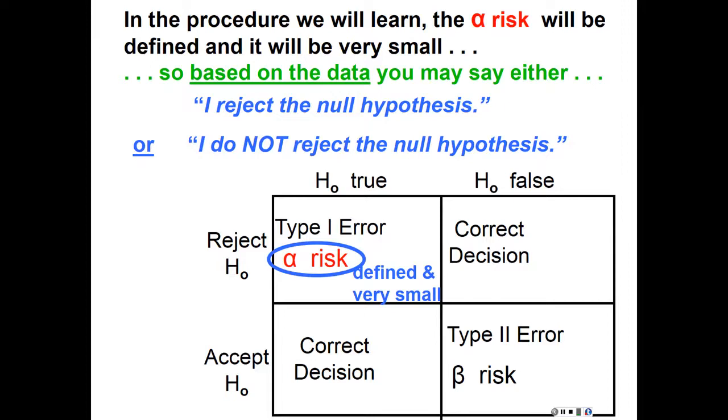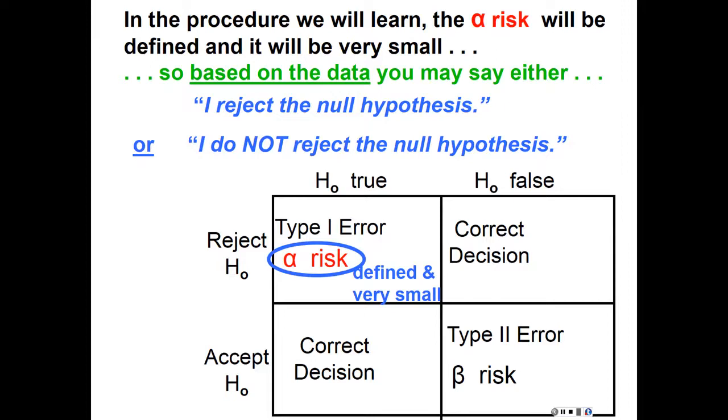So is saying I will not reject the null hypothesis the same as saying I accept the alternative? Is saying not guilty the same as saying they didn't do it? Not quite. So that's why we can say I don't reject the null hypothesis, which might very well mean I still think it's wrong. I just don't have any evidence to prove it.